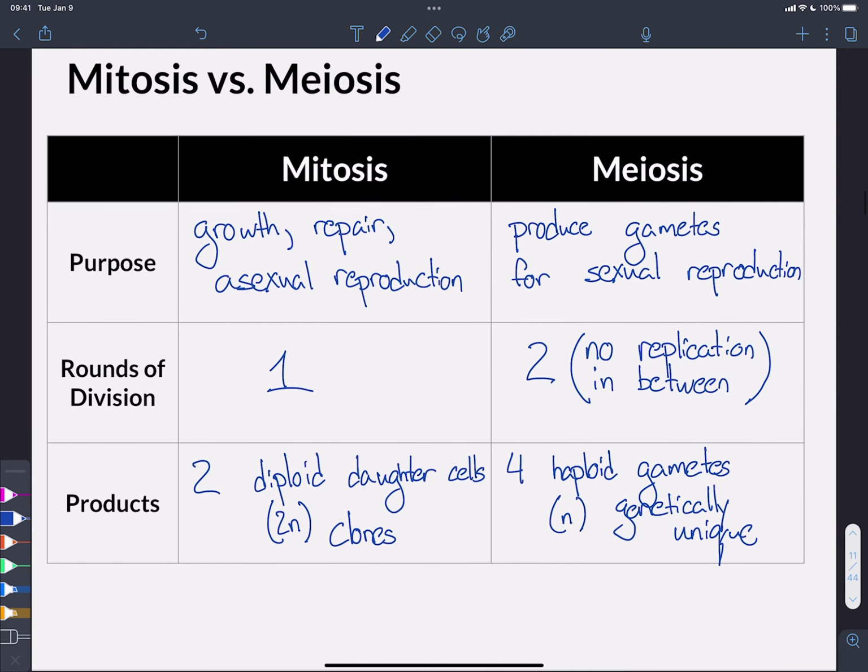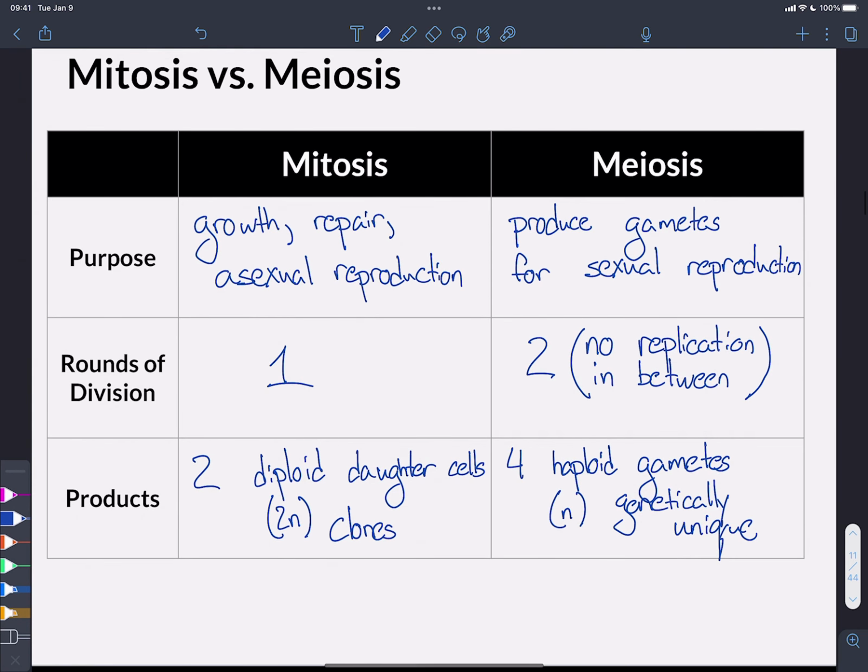If we want to think about the overall equations for these processes using this idea of the haploid number, or N, in mitosis, we're starting with 2N, and then after S phase, but before mitosis, we've produced inside of that cell 2 copies of that 2N. This is then going to give rise at the end of mitosis to 2 cells that are each 2N.